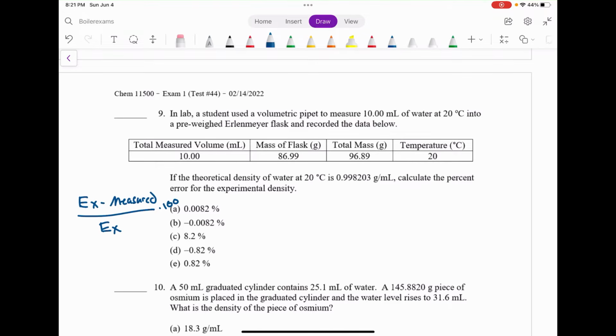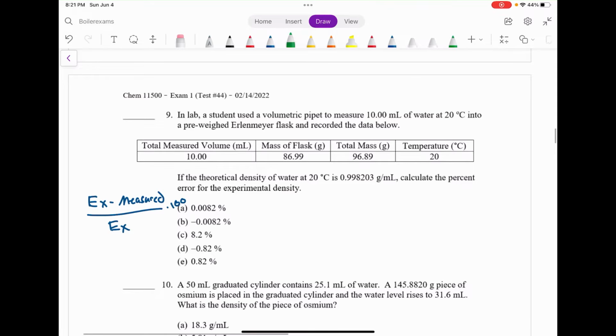Okay, that's how we're going to get percent error. So we need to get what the measured density was, because the theoretical density is going to be our expected. So we just need to figure out what the measured was. They took 10 milliliters of volume.